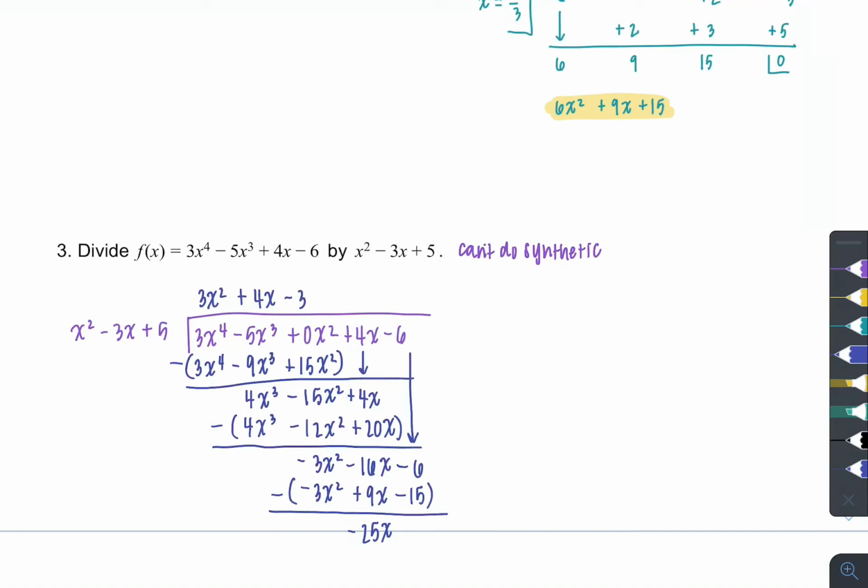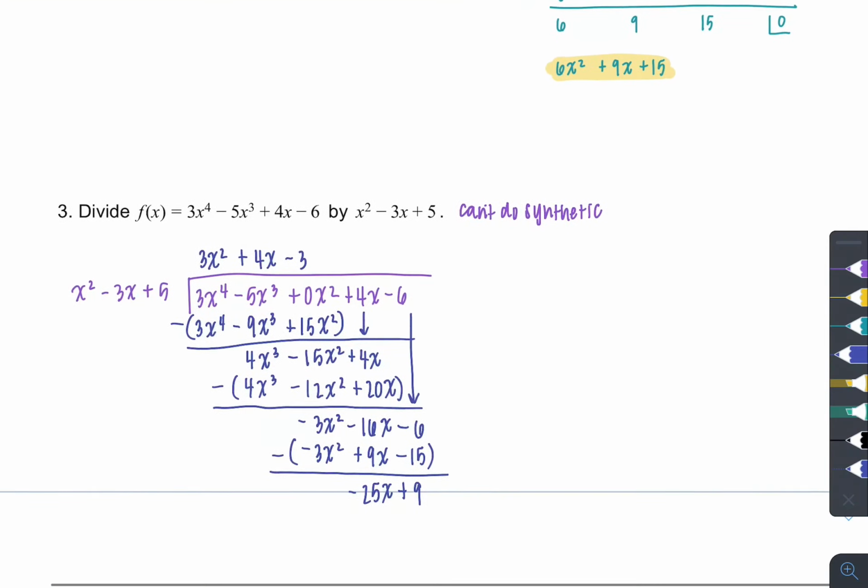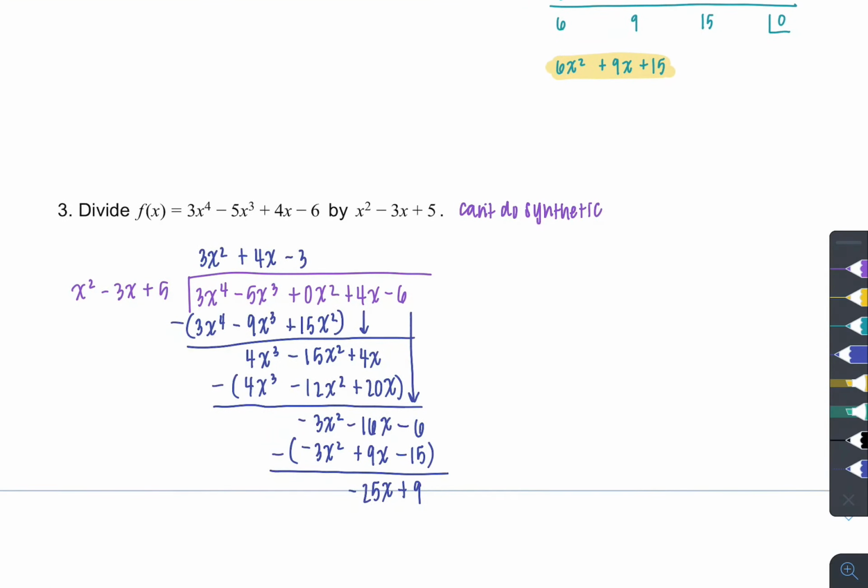And then negative 6 minus 15, or I'm sorry, negative 6 plus 15 is plus 9. So then we can't put in any more.